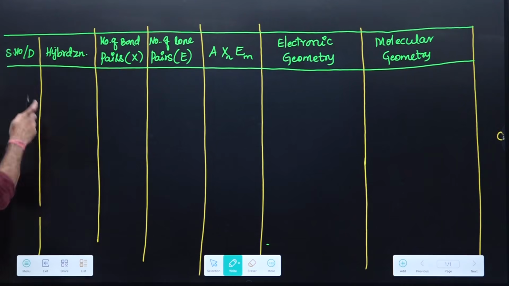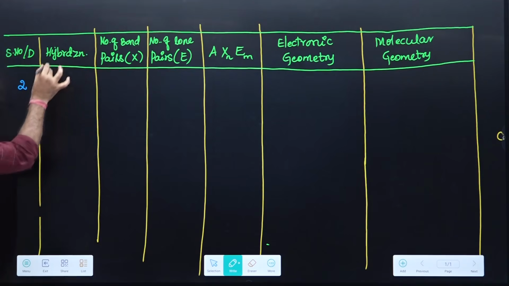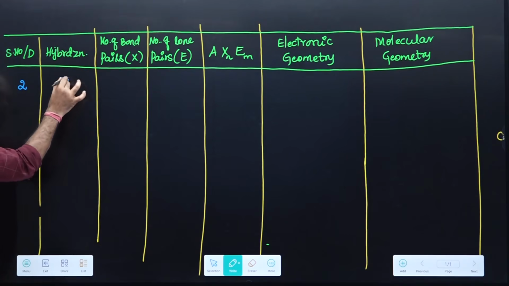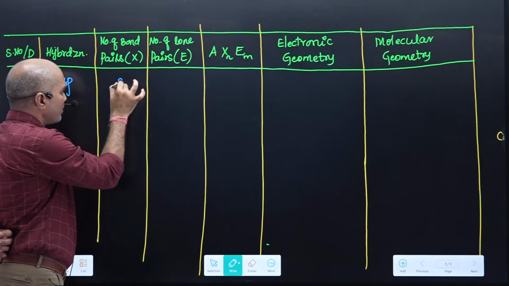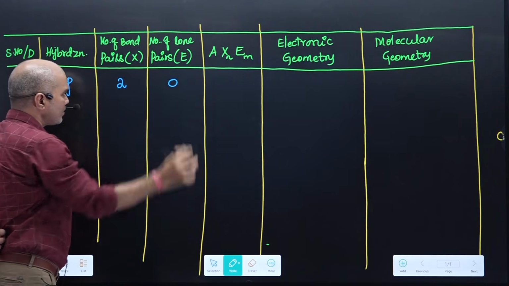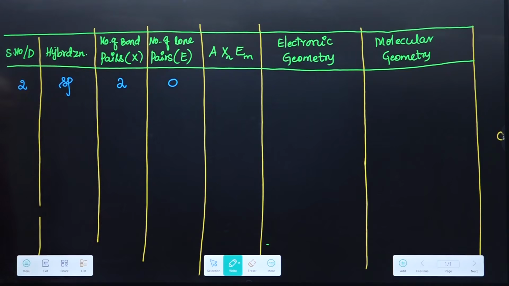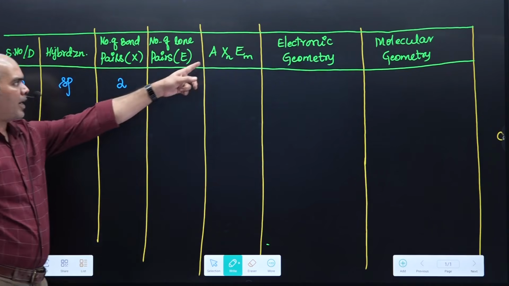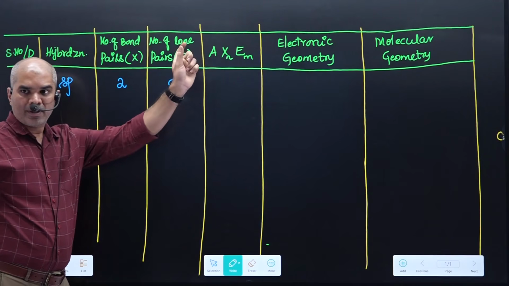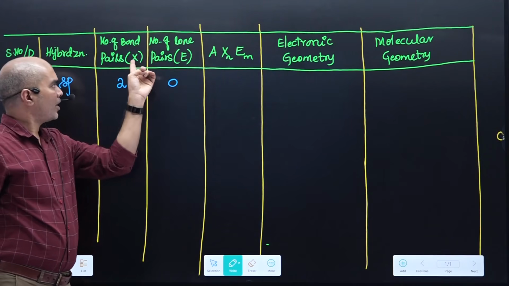Let us begin with steric number 2. For steric number 2, hybridization is sp. Number of bond pairs, I am taking it as 2. Number of lone pairs, I am taking it as 0. 2 bond pairs, no lone pair. So what will be the AXE symbolism? 2 X are present, 2 bonding pairs are present.